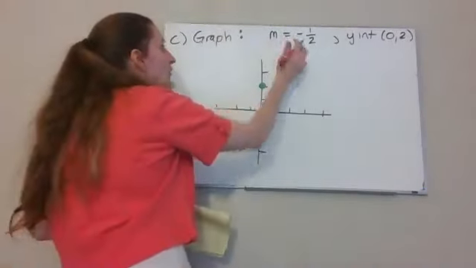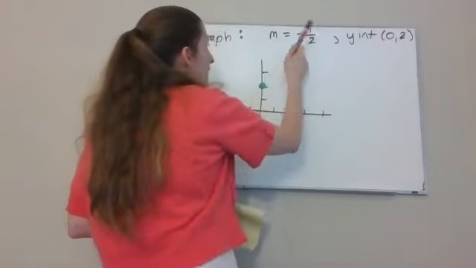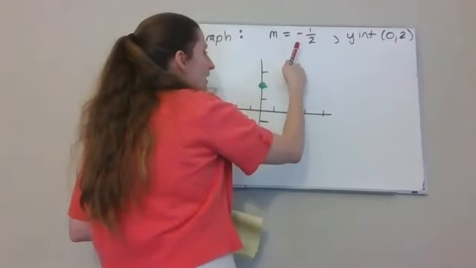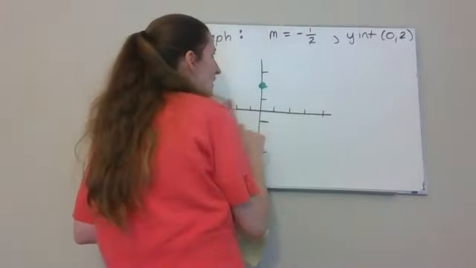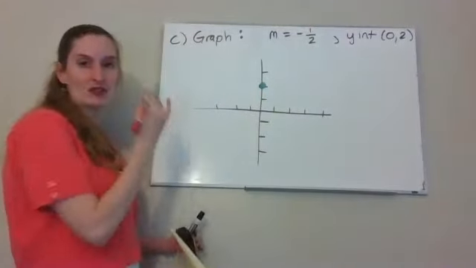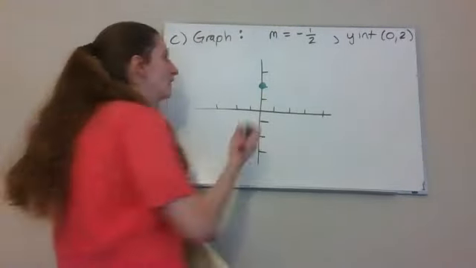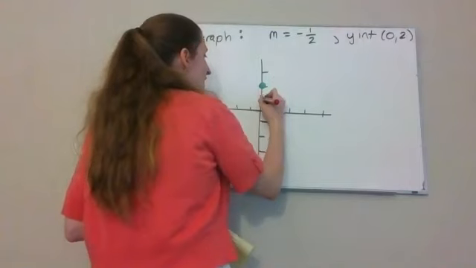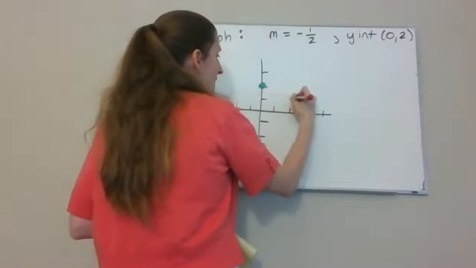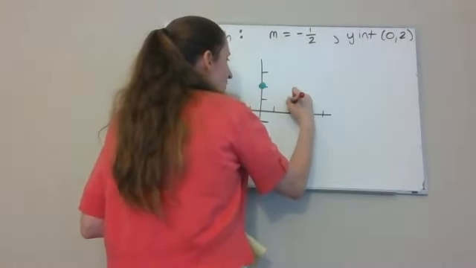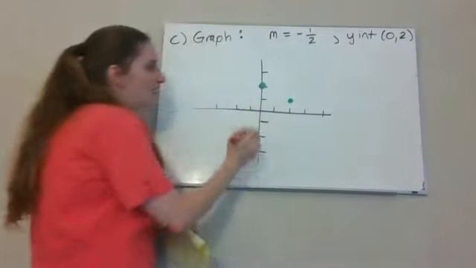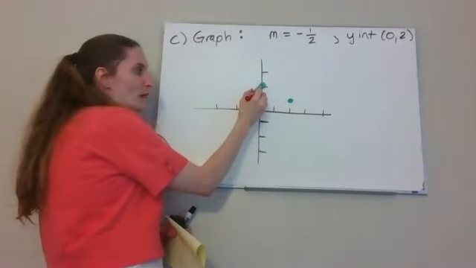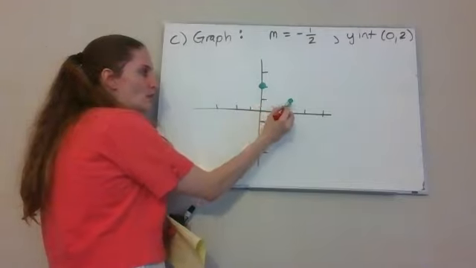So for a slope of negative 1/2, my change in y is 1, and my change in x is 2, but it's negative. So that means I have to go down from left to right. So this is down 1 spot and over 2 spots. So that gives me a point right here that I get from moving from my y-intercept down 1 over 2.